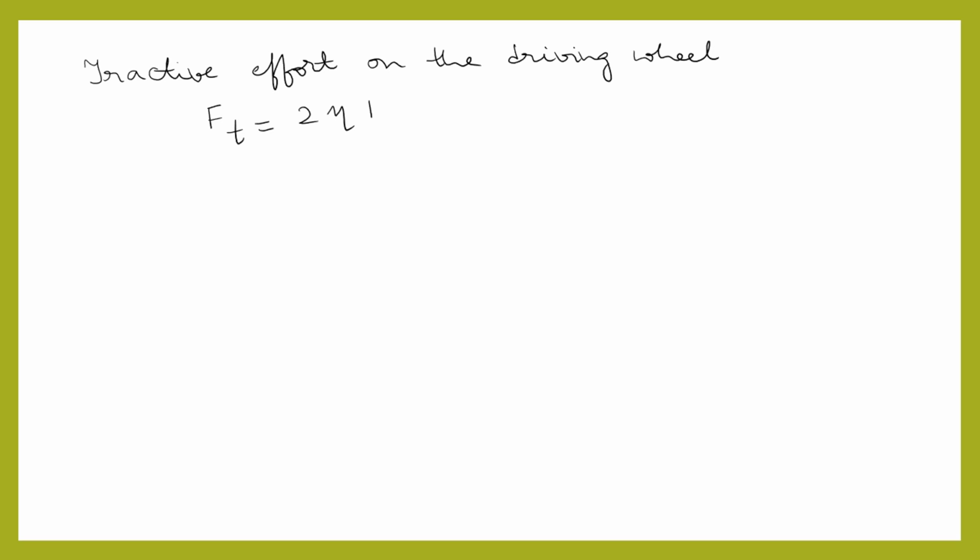Tractive effort on the driving wheel is given by Ft equal to 2 neta T gamma by D. Using this equation, the torque developed by the motor can be found.